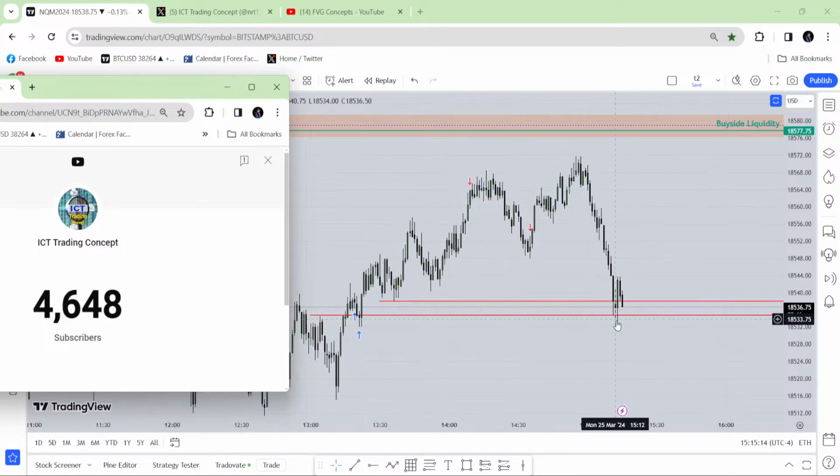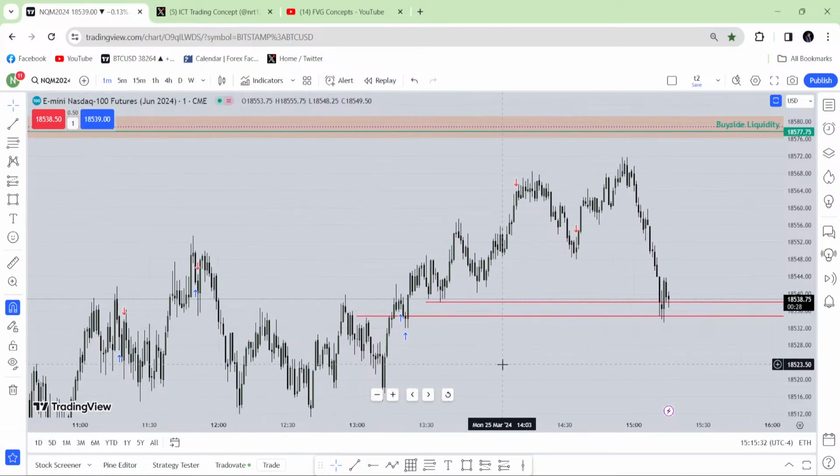I was looking for a first fair gap entry over here, but this low didn't trade the fair gap. When this low didn't trade the fair gap, I'm not interested in taking that first fair gap entry. If this low could trade that fair gap, I would look at this fair gap as a first fair gap entry. You understand?